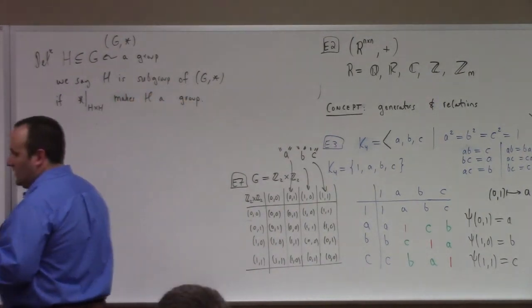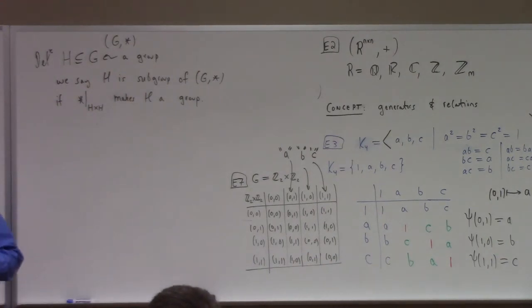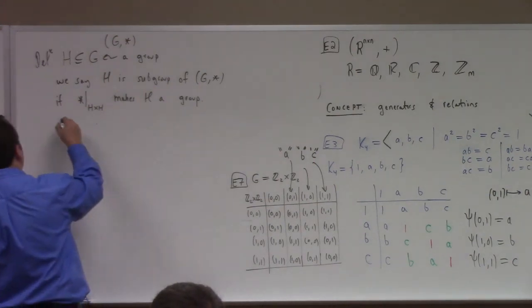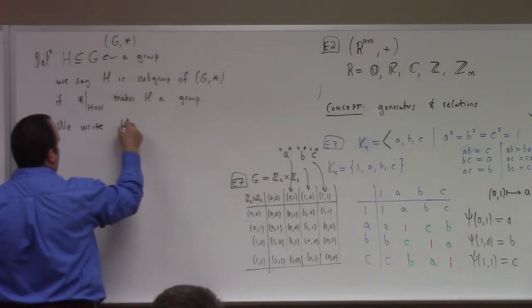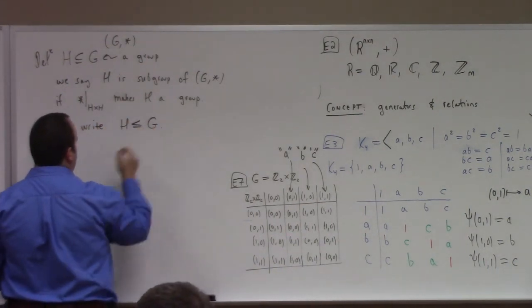In words, if you take the operation of G and you restrict it to the subset, if that subset is then a group, we say it's a subgroup. And we write H less than or equal to G to denote that.